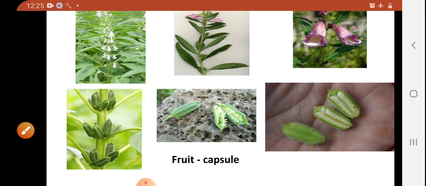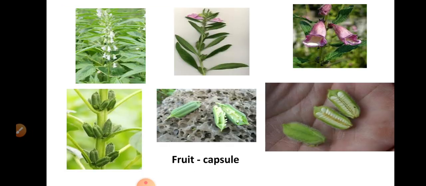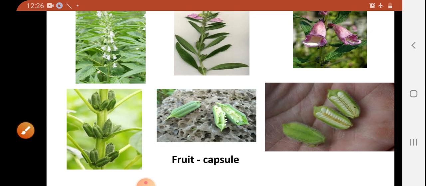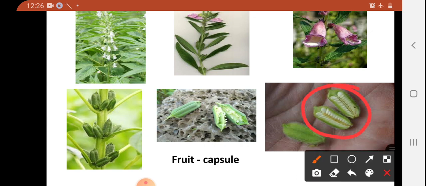So this capsule is divided into four compartment-like structures, and in these compartments the seeds are arranged on one another, same like a pack of biscuits. Like that, these seeds are arranged in this capsule.